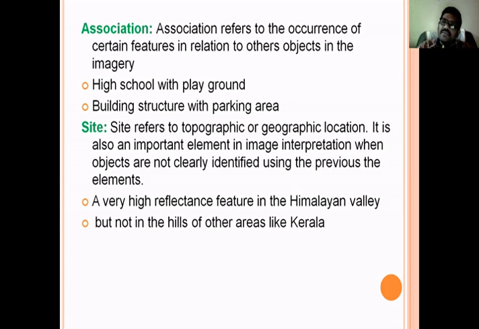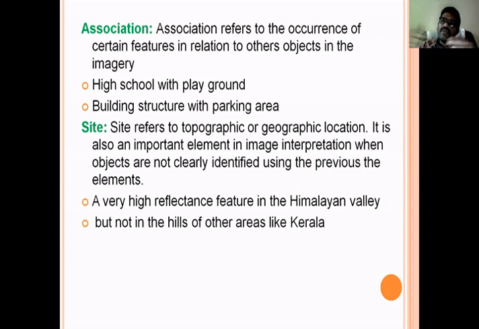That's what we are discussing. The reflectance ratio is high at the Himalayas when compared with other hilly areas like Ooty and Kerala. Of course, not Ooty in Kerala.